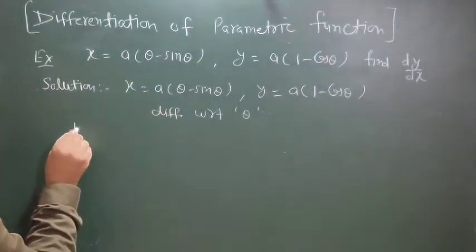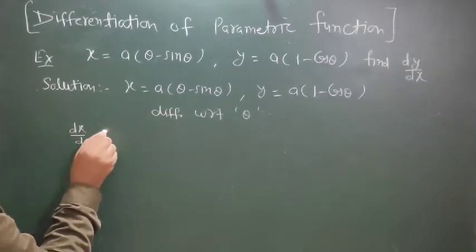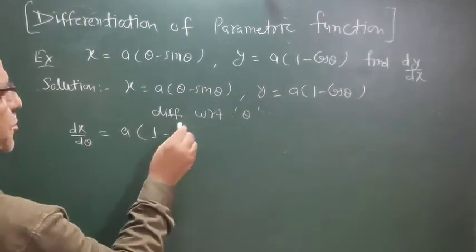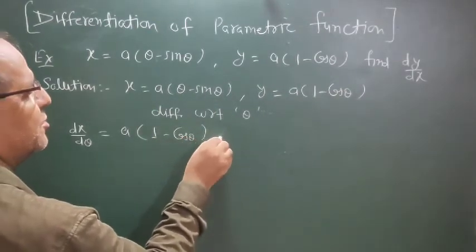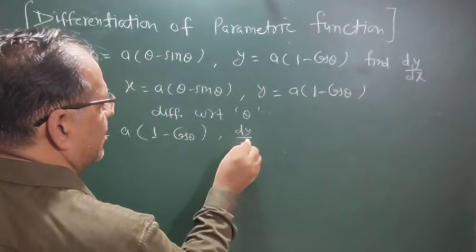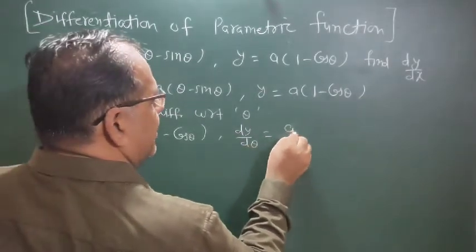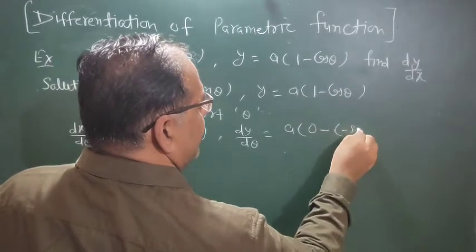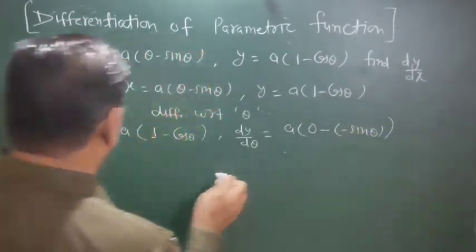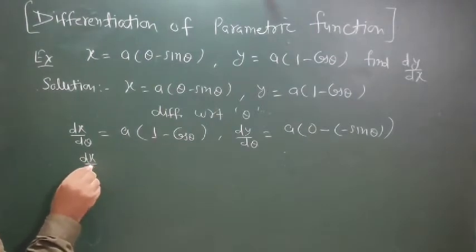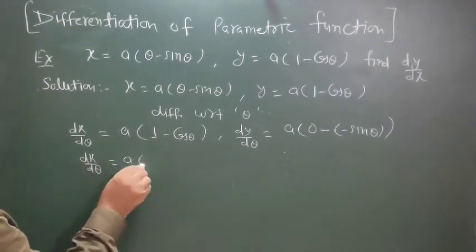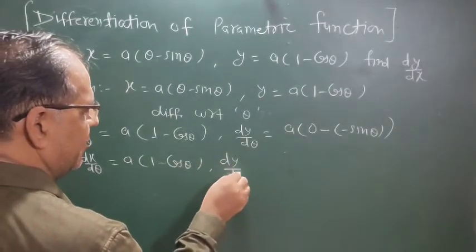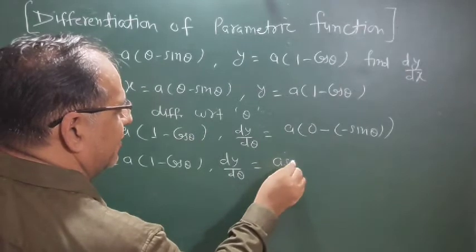So now dx over d theta is a, the derivative of theta is 1, the derivative of sin theta is cos theta. Similarly, dy over d theta is given by a, the derivative of 1 is 0, minus the derivative of cos theta, which is minus sin theta. So finally dx over d theta is a times 1 minus cos theta, and dy over d theta is a sin theta.